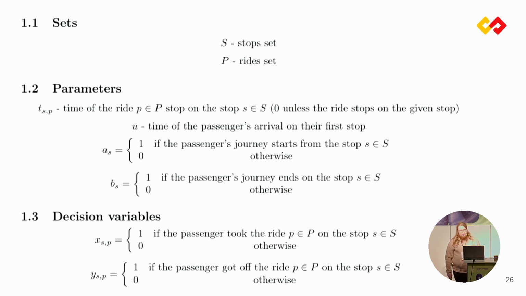So we want to know when the journey starts and when the journey ends. And we need to determine when the passenger needs to get out from the given ride, or when the passenger needs to take the following ride just to arrive at the final destination.